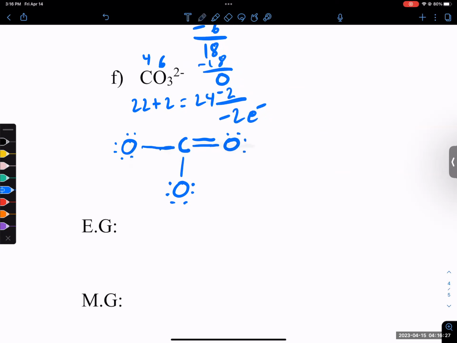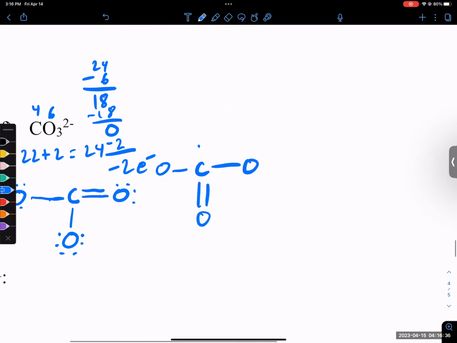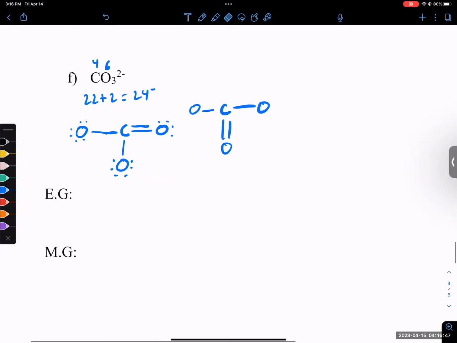We have this one and then one where it's like this. I'm not going to draw the whole thing for simplicity's sake. You can space them out. I purposely put a lot of space on this worksheet so you don't have to.